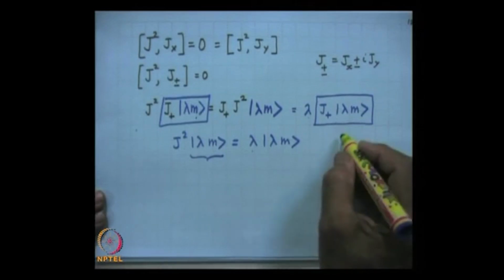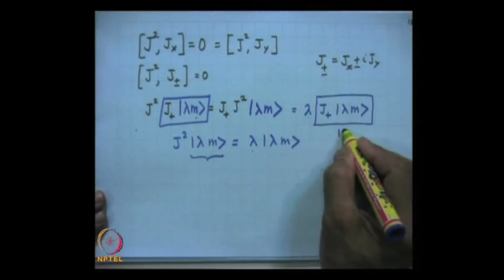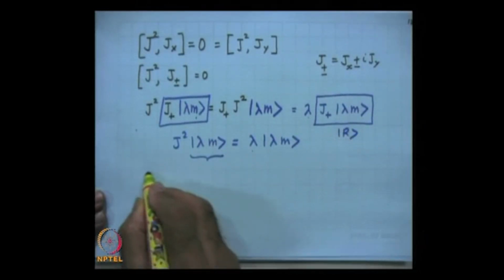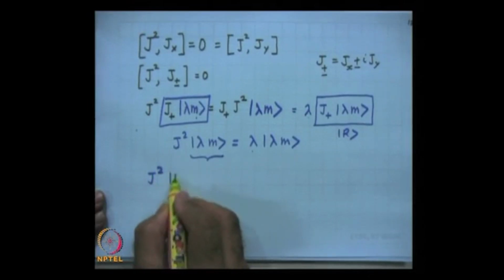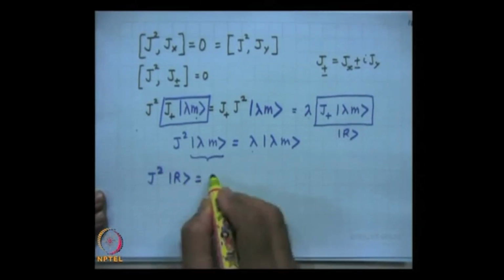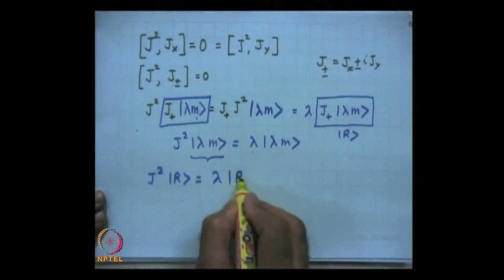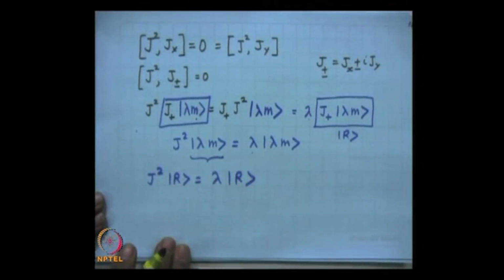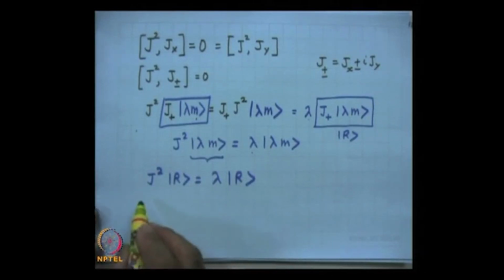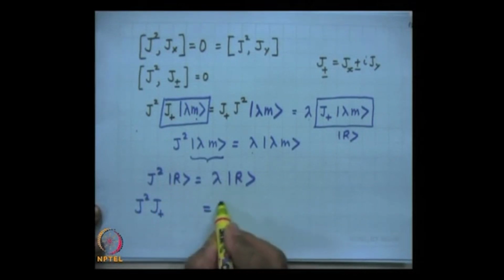Similarly, let me denote this by ket r, let us suppose. So, I have j square ket r is equal to lambda ket r. Now, I again do like this. j square j plus is equal to j plus j square.